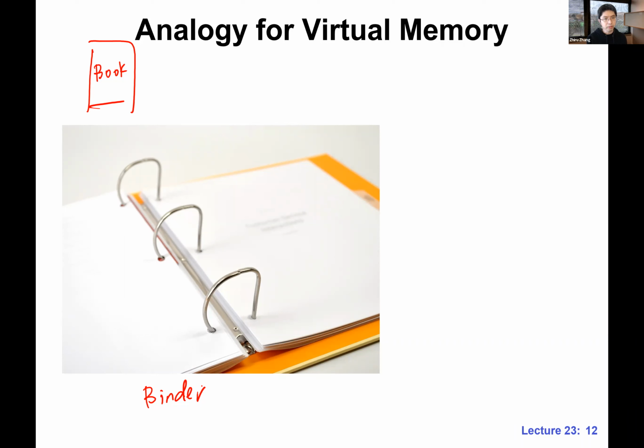Which one is the physical memory space? What is this, the book? Very good. The book is the virtual memory, and the binder is the physical memory. Make sense now? Okay.